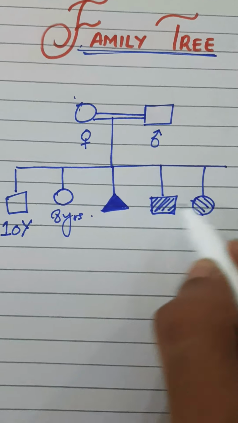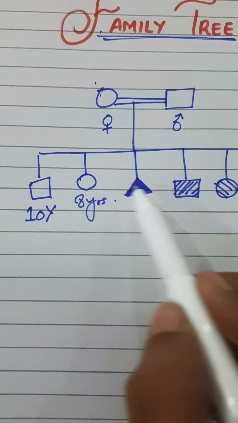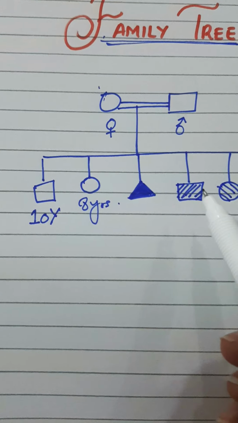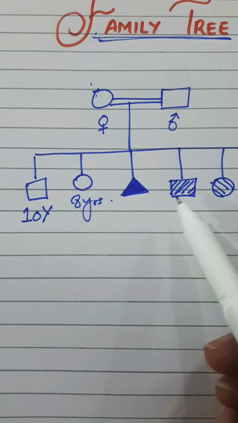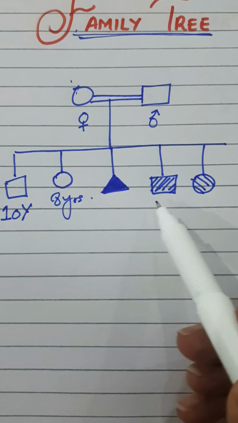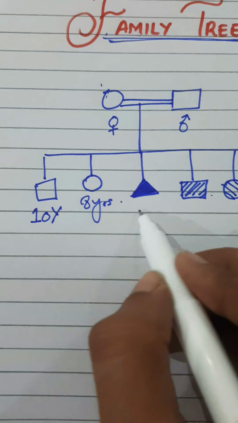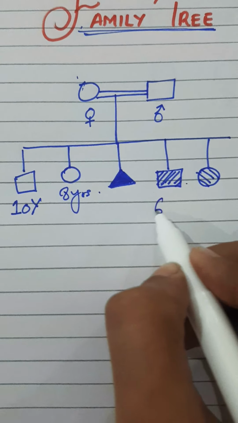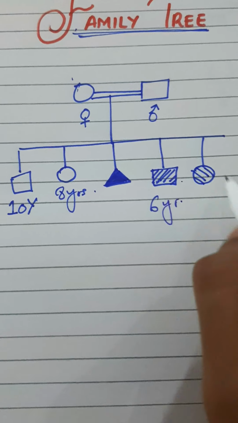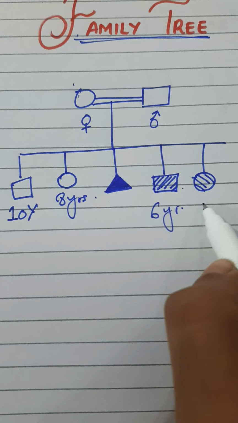Yes. So this shows that their fourth and fifth children, which is the fourth male and the fifth female, are both diseased. Let's suppose the male is 6 years of age and the female is 4 years of age.